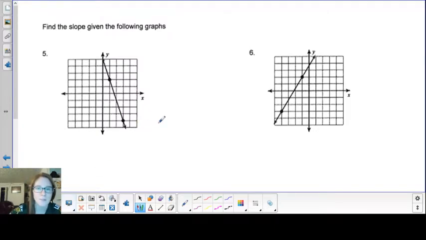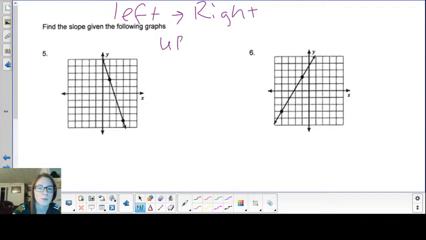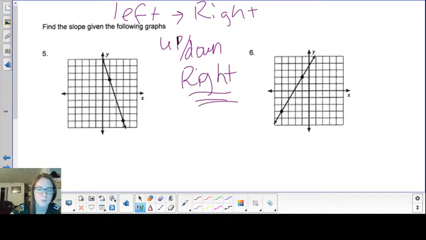Okay, finding slope, we go from left to right, and when we do that, we go up or down, then to the right, always. So leftmost points, here we are.